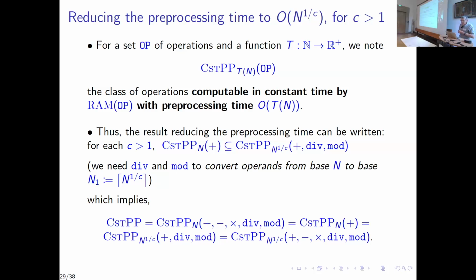If you have a RAM with operations, which computes these operations in constant time with preprocessing of T(n), but it must be more than linear time. It can be anything.